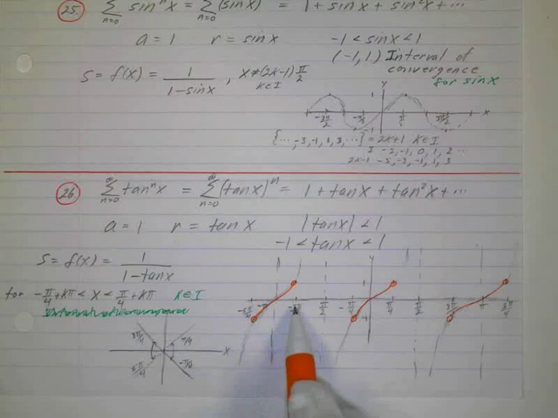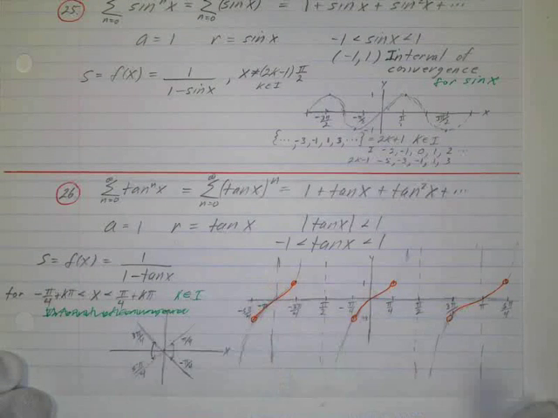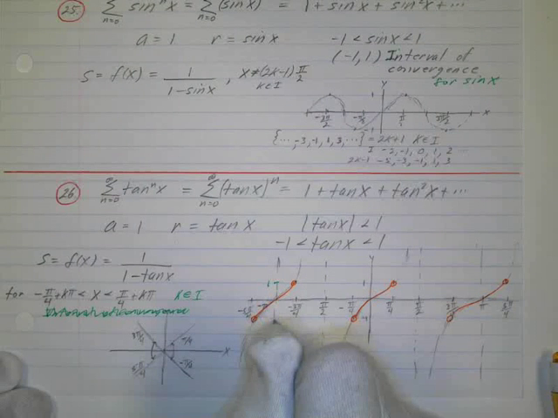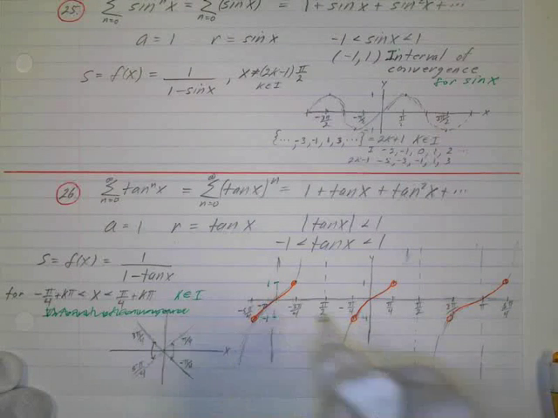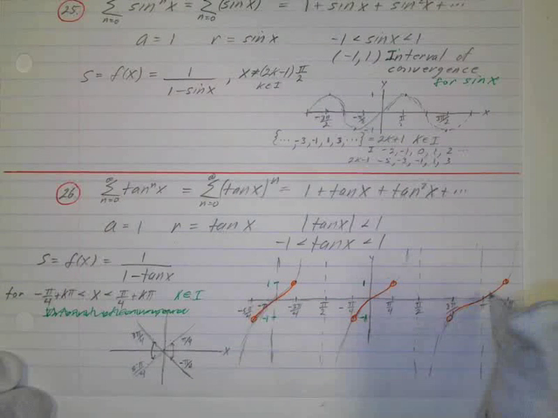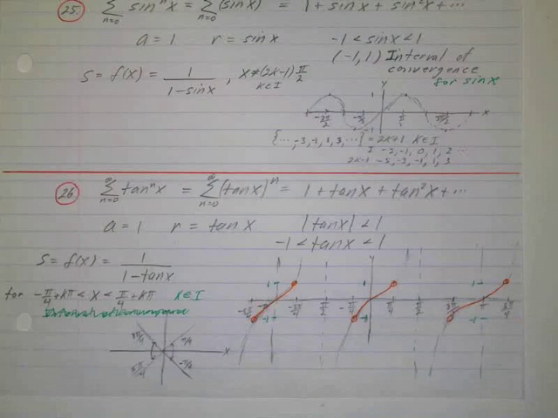Okay, so these are the values, so like between negative 5 pi over 4 and 3 pi over 4. The tangent is going to be between, and I should put 1 over here, this is 1 and negative 1. And again, this is 1 and negative 1.